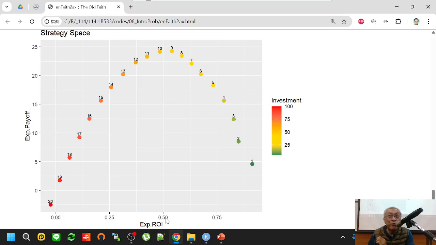But if I press only one bet, for every dollar I invest I can expect more than $0.8. So this ROI is higher, but its net expected payoff is lower, only $5. So this is a trade-off.